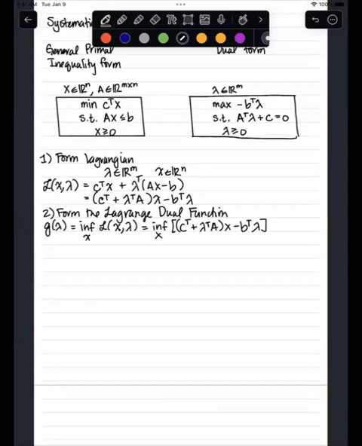The reason we take the infimum is because it's the greatest lower bound of the elements of a set, and it's more precise than the minimum.